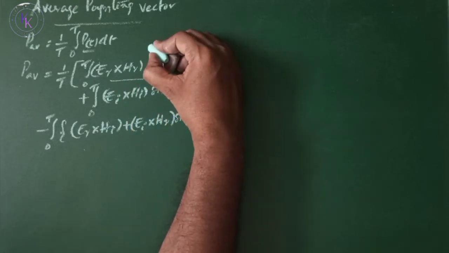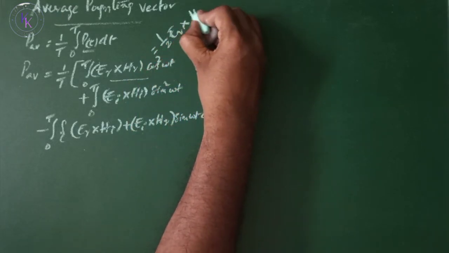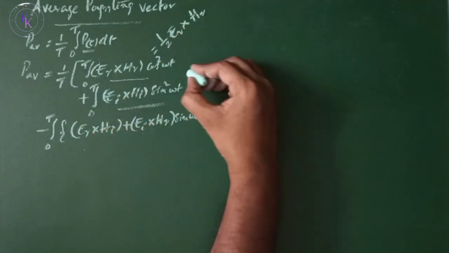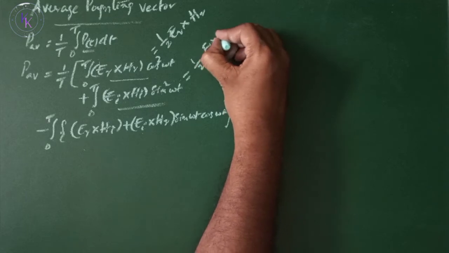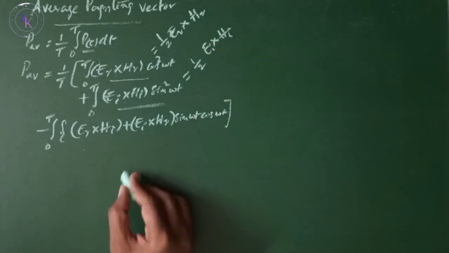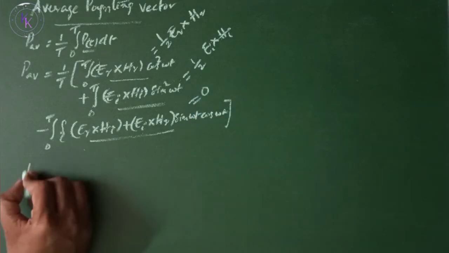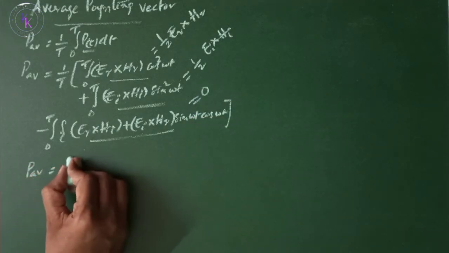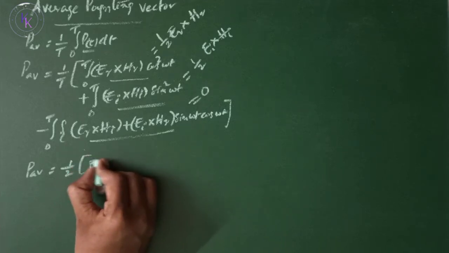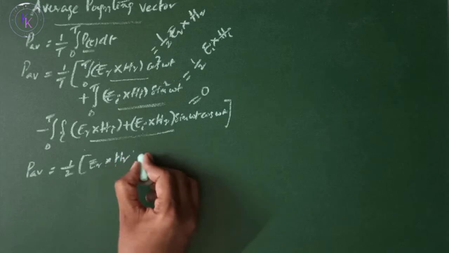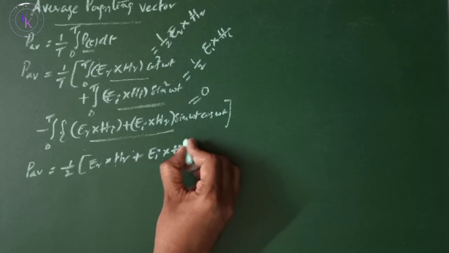For the first term, the result is half Er cross Hr. For the second term, the result is half Ei cross Hi. For the third term, the result equals 0. P average equals half, taking common, Er cross Hr plus Ei cross Hi.